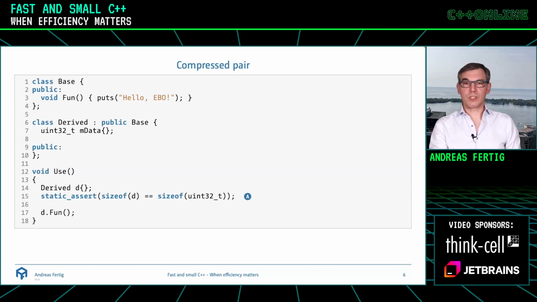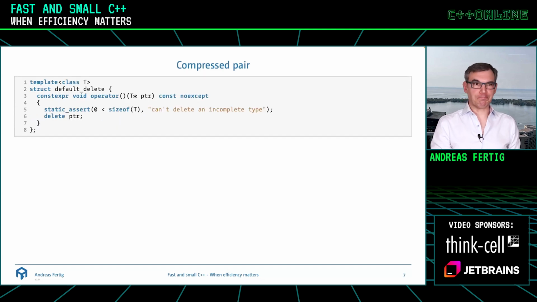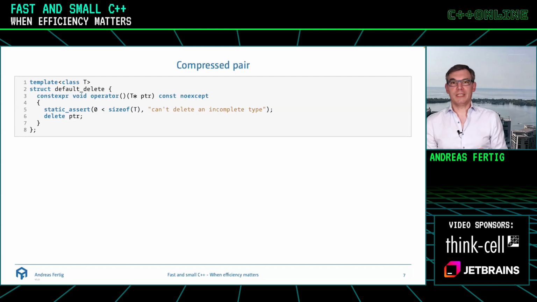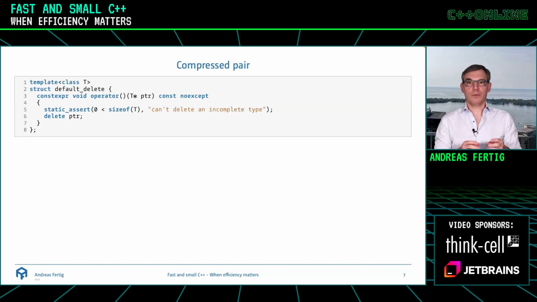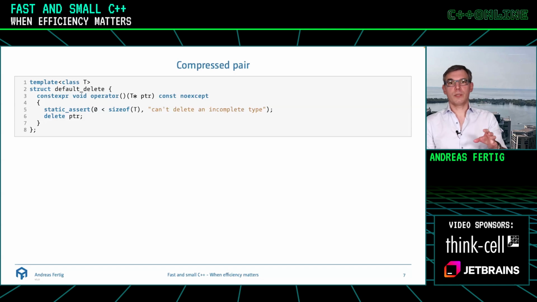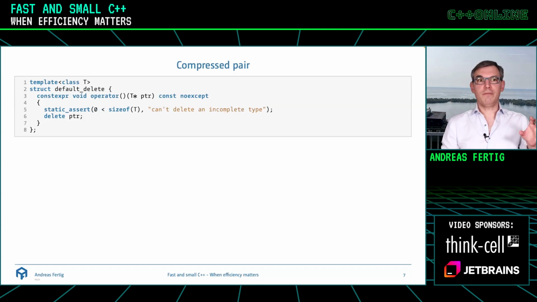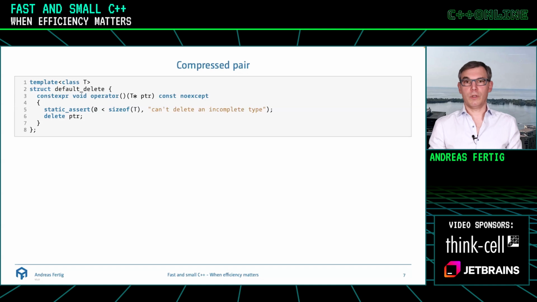So this is still not a compressed pair, right? What the standard library does is for the unique pointer, they always take 2 template parameters: the type of the pointer you want to store in there, and a second parameter, the so-called custom deleter. And here you see the implementation of a default deleter called default_delete.